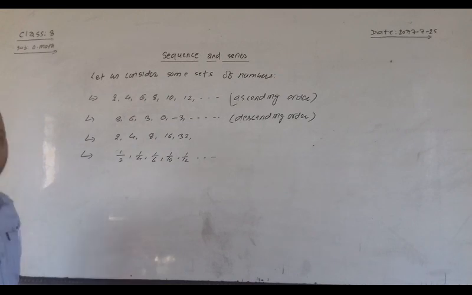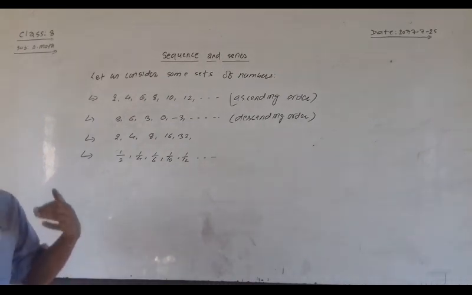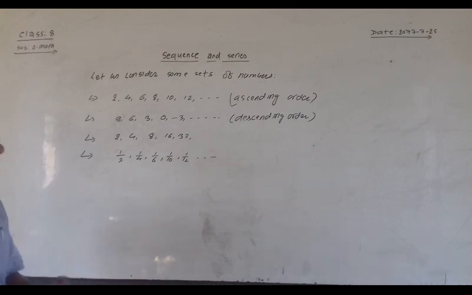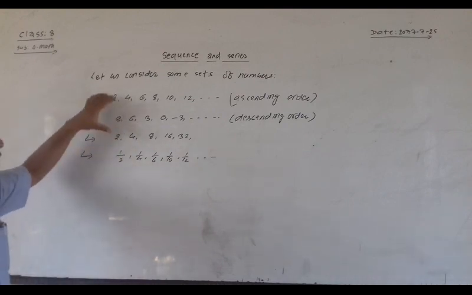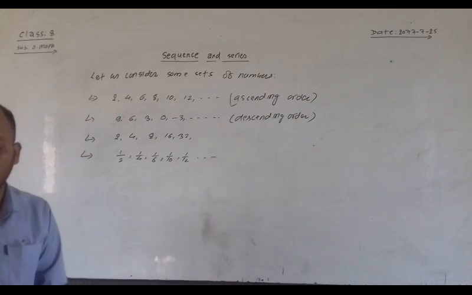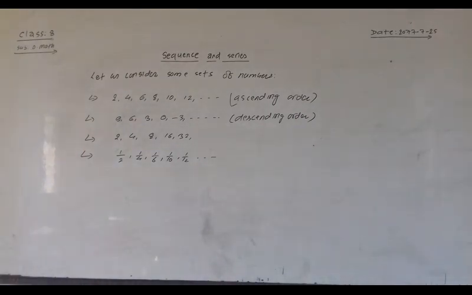In this way, when we write in a certain rule and in order, it is called a sequence. So these are all examples of sequence.